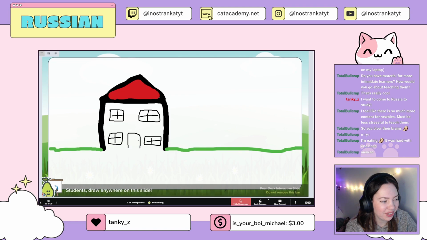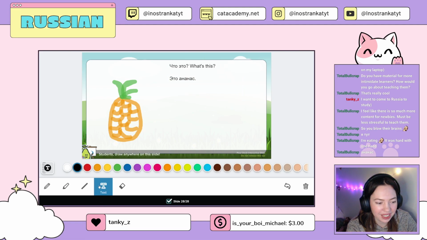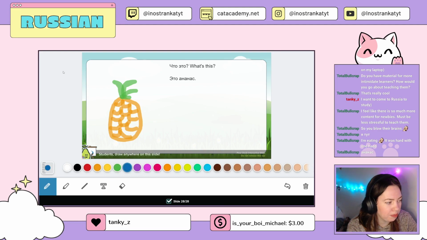So you can try to write on your slide or in the chat. It's absolutely no difference. So I will write it over here. You can use the T for text to type. If you don't have the keyboard, you can just write it with a hand. Choose any color of the pen or pencil.